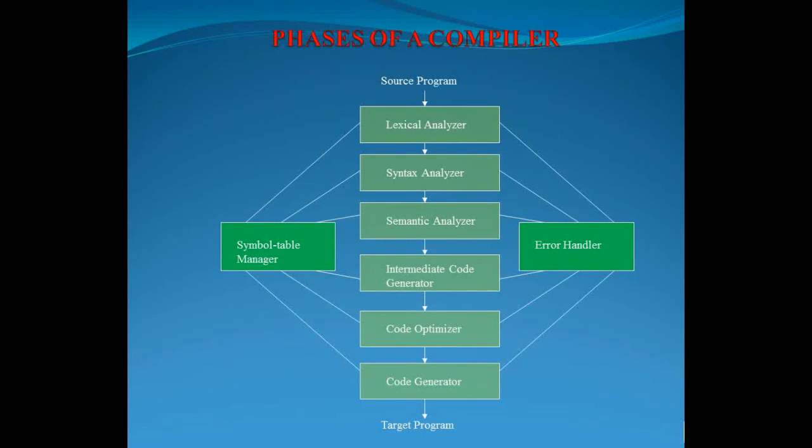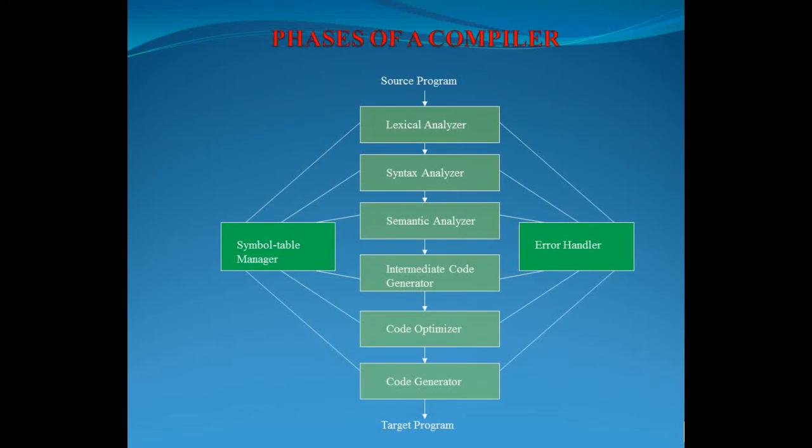So this is the structure and phases of a compiler. The compiler takes the source language program and interacts with all the phases of the compiler design. The symbol table and error handler will access all the 6 phases.